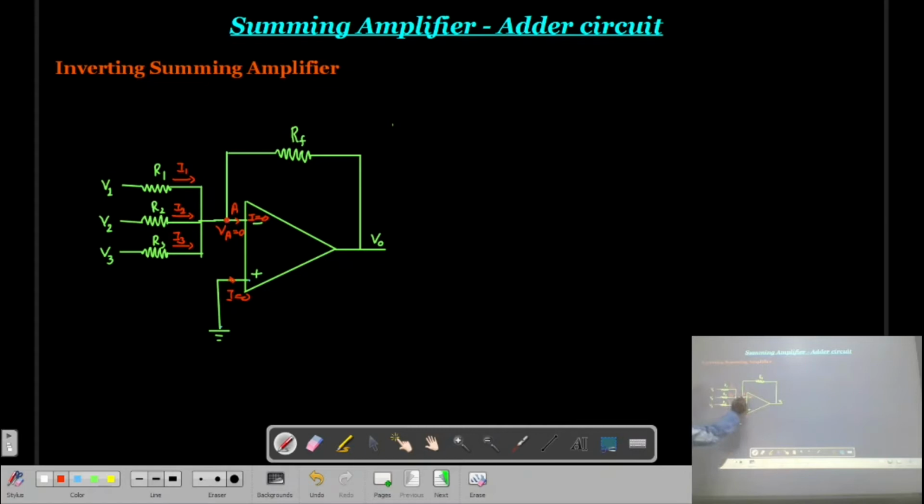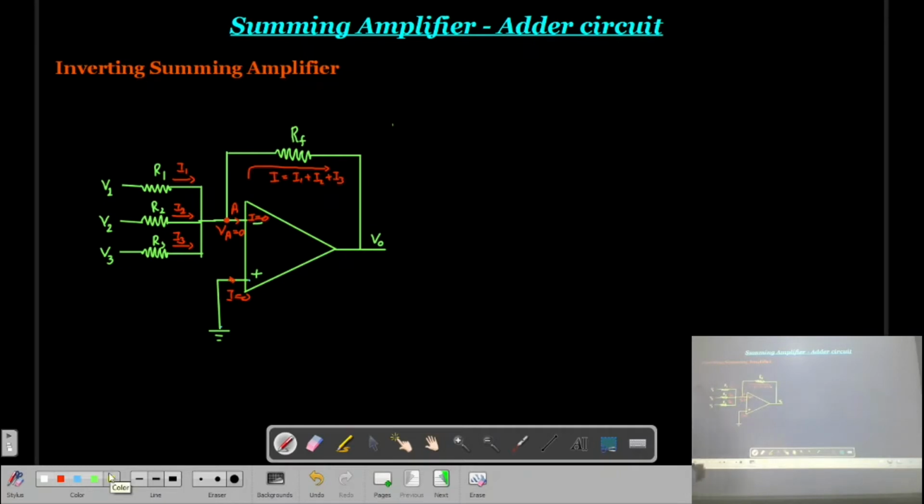If you apply KCL, whatever currents are flowing, the same current is going to flow in the resistance RF. So here we have the total current I, which is equal to I1 plus I2 plus I3. Now we apply Kirchhoff's law at the input part and the output part, and you will get the expression for the output voltage.